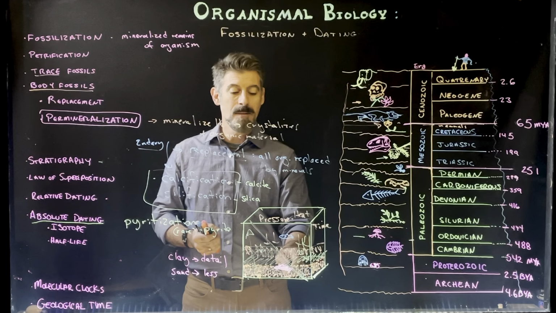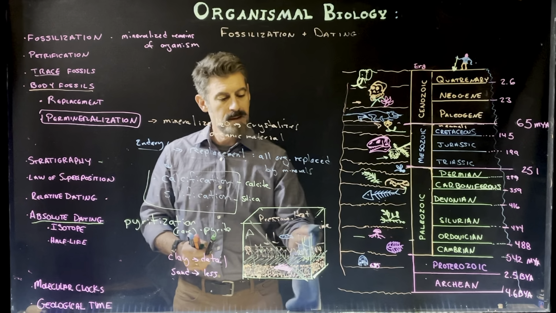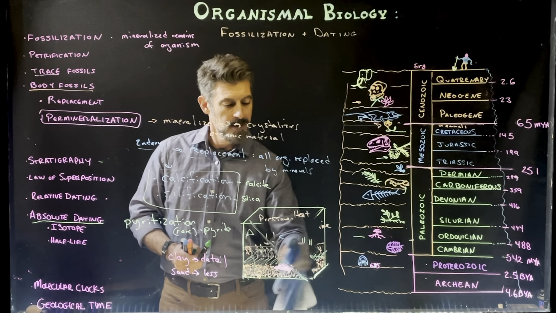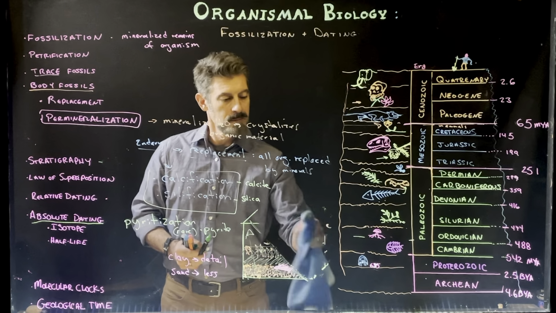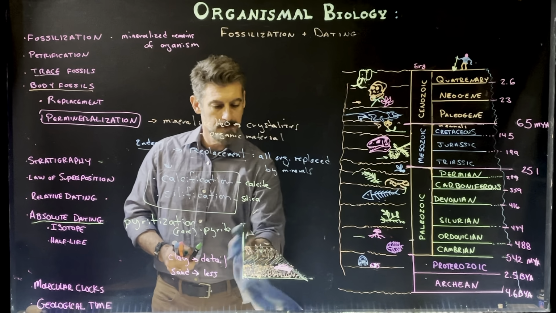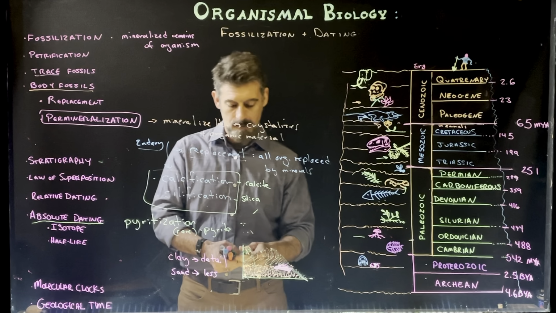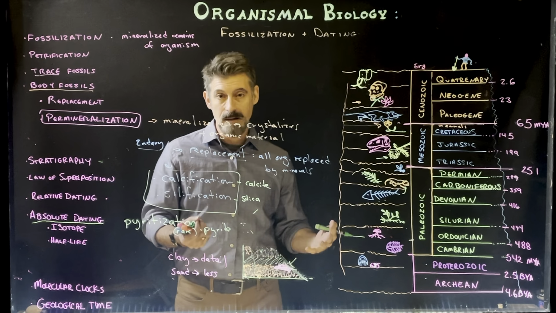Eventually, at some point in time, this sample is pulled away and gets exposed to the surface. Then someone comes in and chips away at this rock, and they find the fossil that's there.